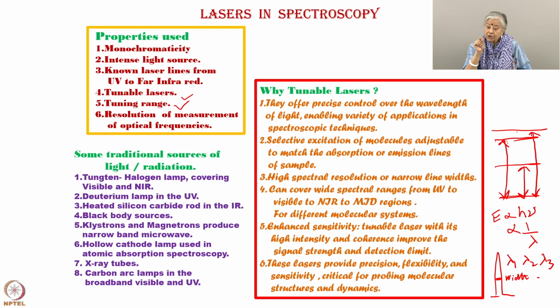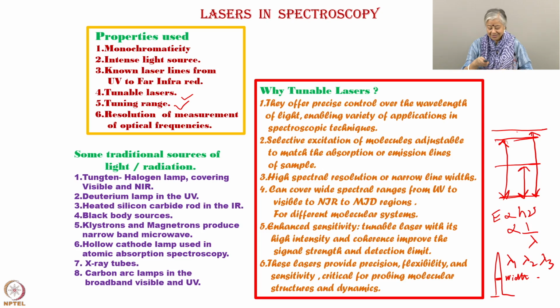And the shortness of the pulse gives you the precision of detecting that particular phenomenon taking place in a molecule or a system. So these are basically the reasons why spectroscopists welcomed laser with open arms.